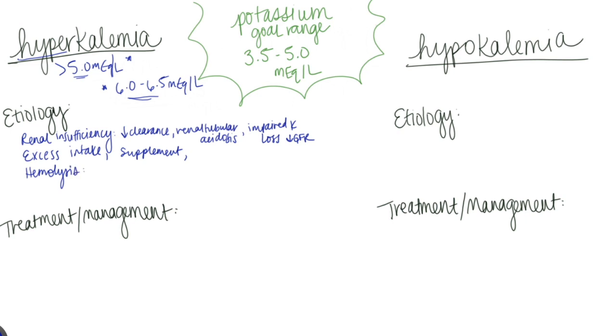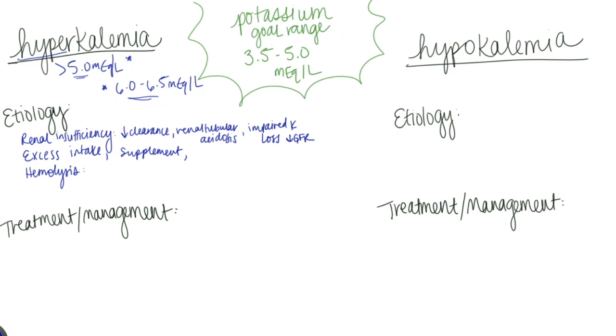If we consider that potassium is typically an intracellular electrolyte, if it's inside the cell and you see some cell bursting or cell lysing, you may see instances of increased potassium availability in the bloodstream, right? So if we crush the cells that have a lot of potassium, the potassium can get into the bloodstream.